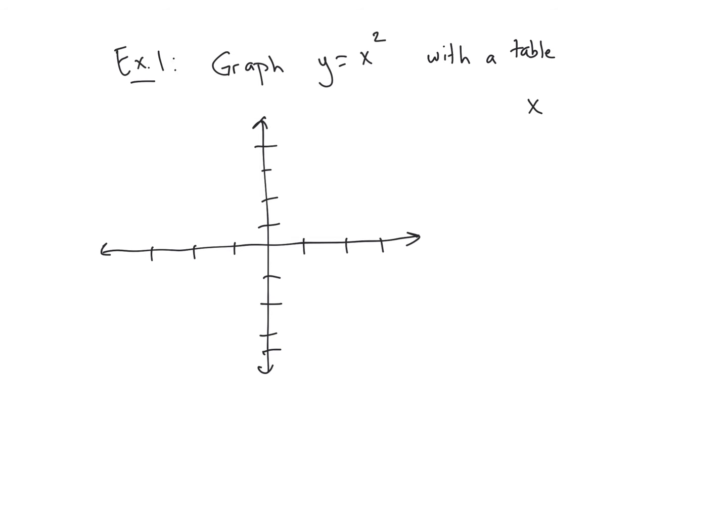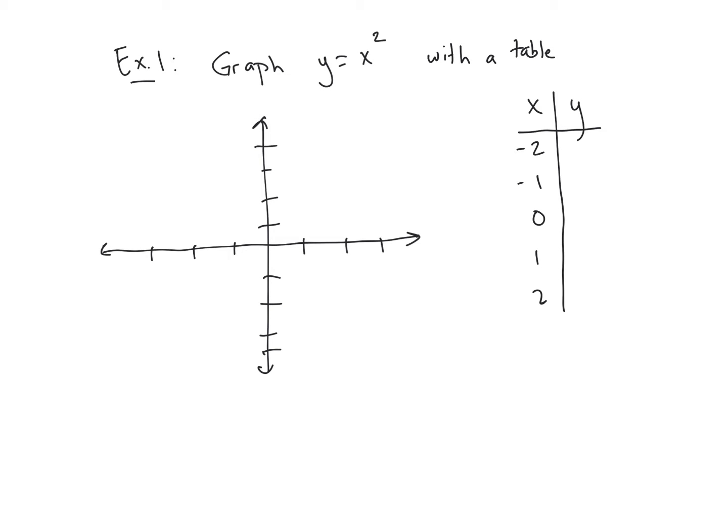Picking a table, what I mean by that, of course, is setting up x, y coordinate pairs here. And what you do is you pick some x's, and usually it's a good idea to pick 0, a couple positives, a couple negatives just to start with. And then if there's a part of the graph that's unclear, then pick a couple new values where it's unclear where it's going to go.